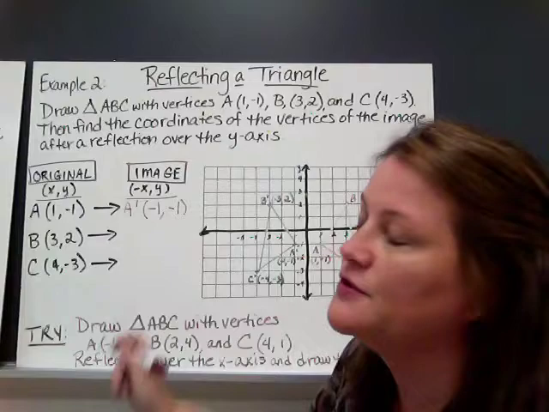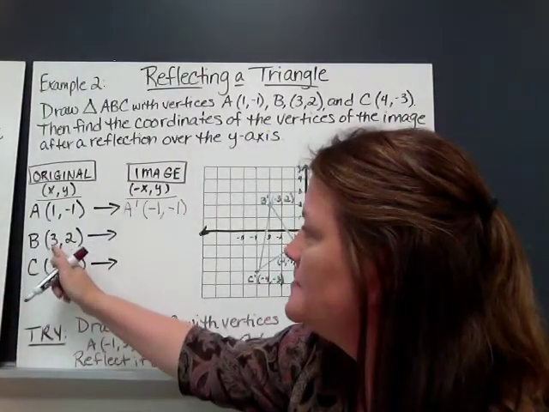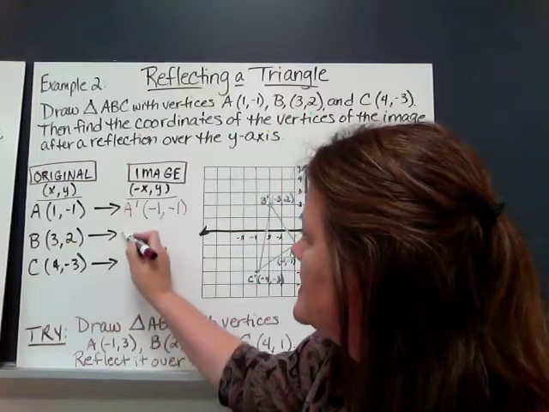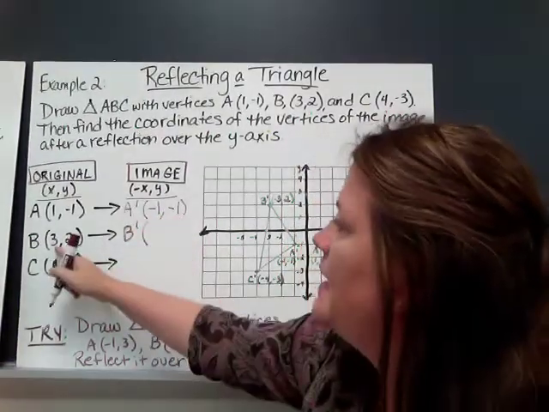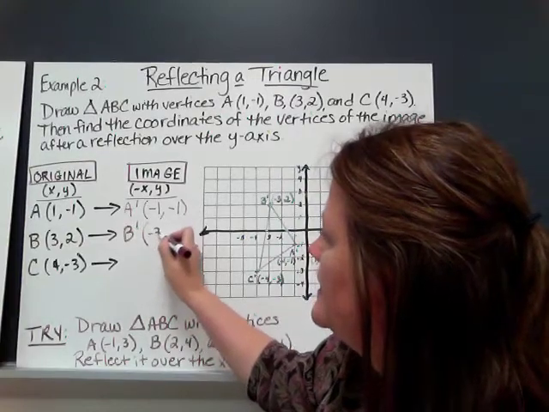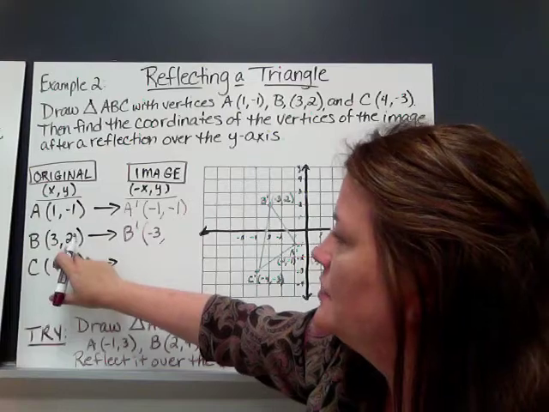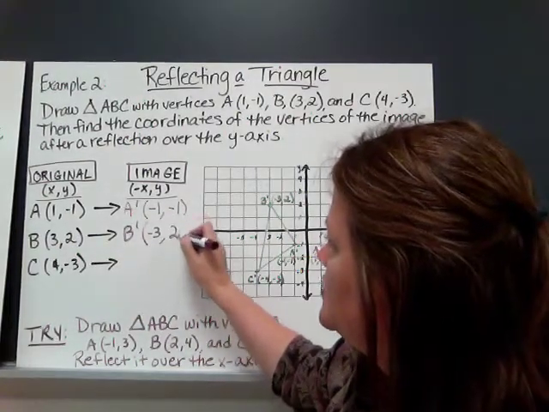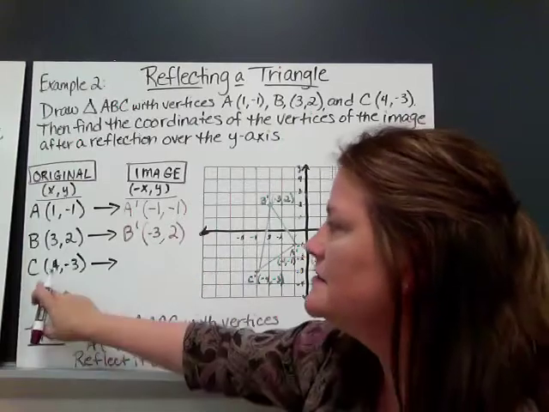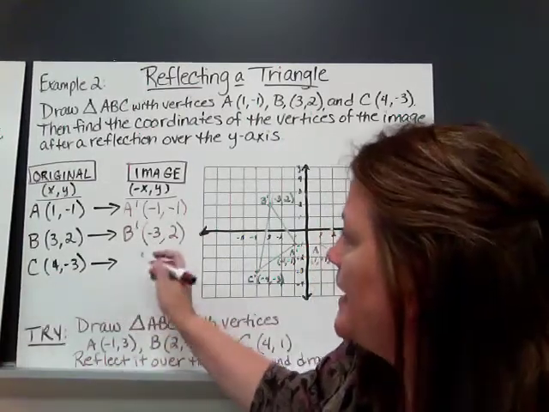Let's go ahead with vertex B and see what that would be. Well, it would look like we take the opposite of the x-coordinate. So instead of, let's put B prime here, instead of +3, it would be -3. And the 2 is the y-coordinate, and that stays the same when we reflect over the y-axis, so we'll keep it 2 here. Let's look at C, and now what the image would be.